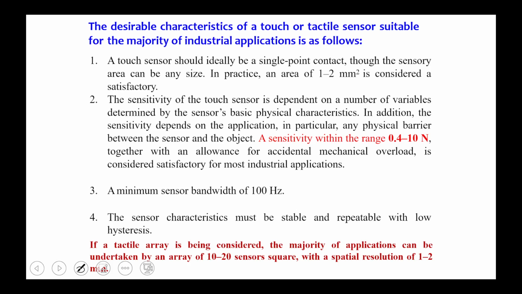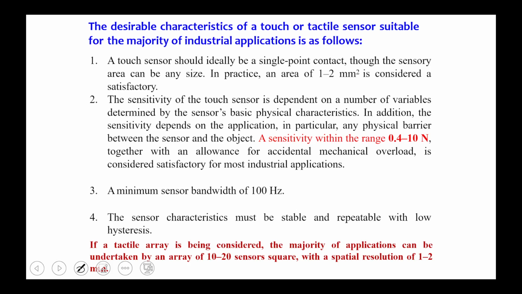Otherwise, if we place one, the system may read two if the area is larger. So we take a minimum area of 1 to 2 mm square, and within that area we measure how much pressure is applied, at which point it will be readable by the system.